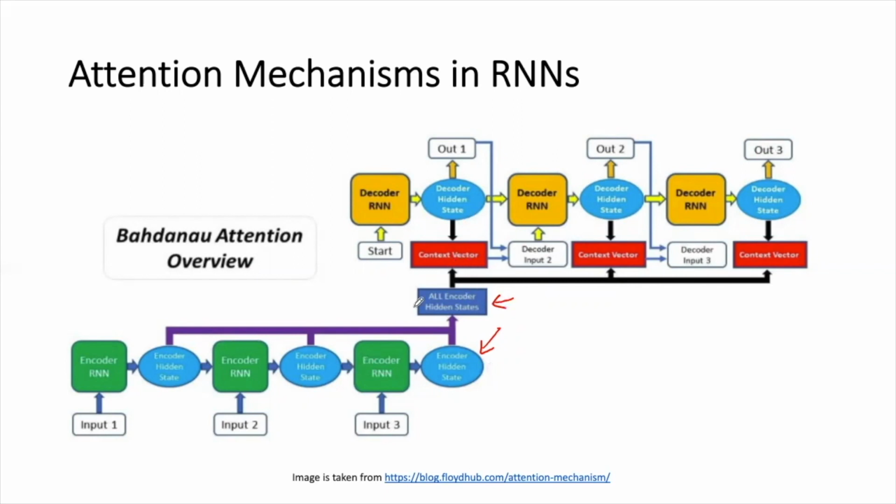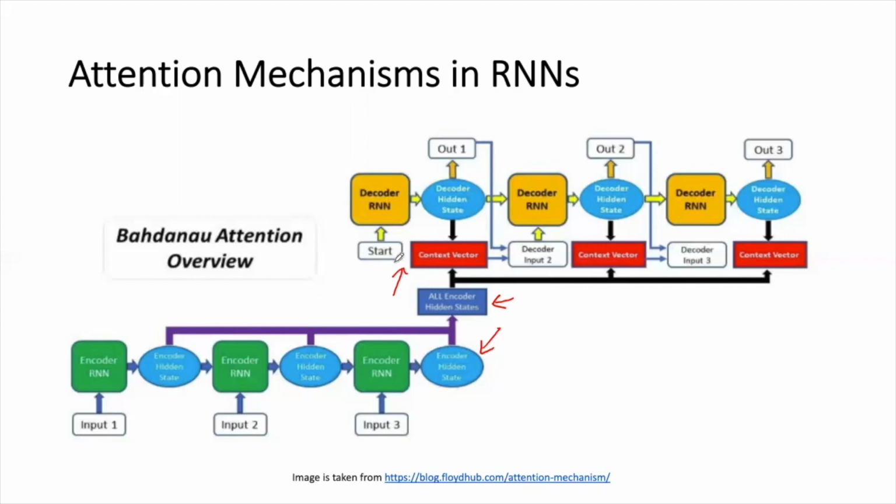The decoder uses these encoder hidden states to generate a context vector at each timestamp, and that basically captures the importance that needs to be given to the input word.